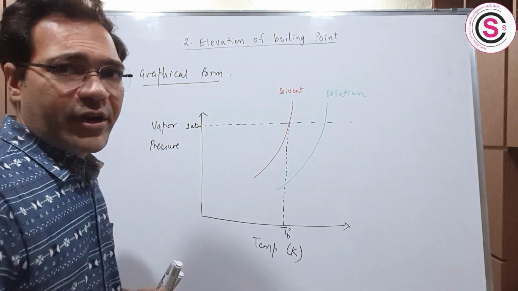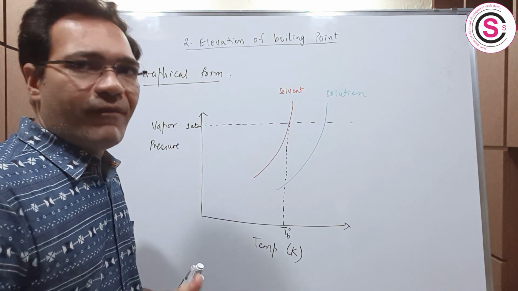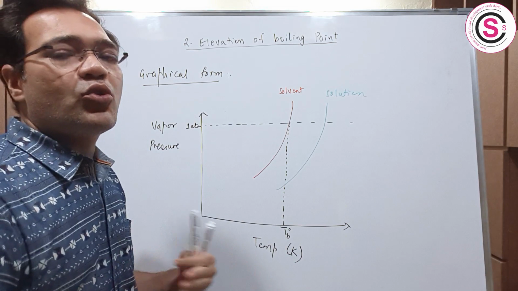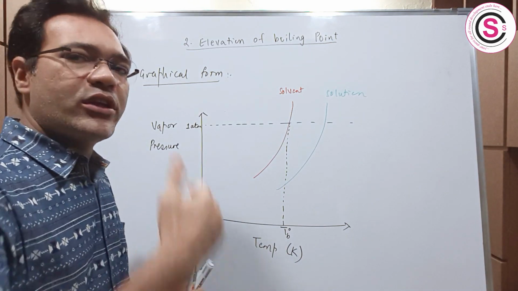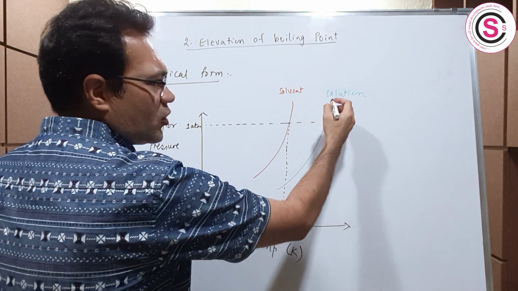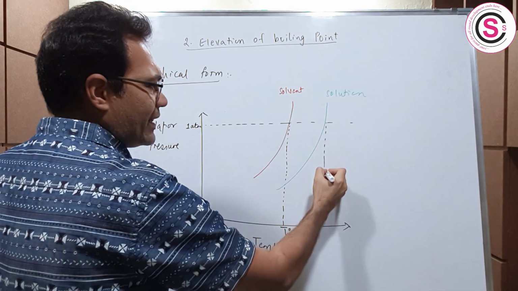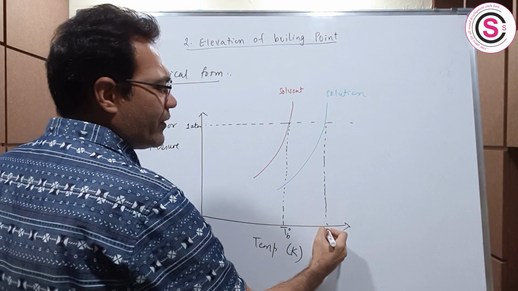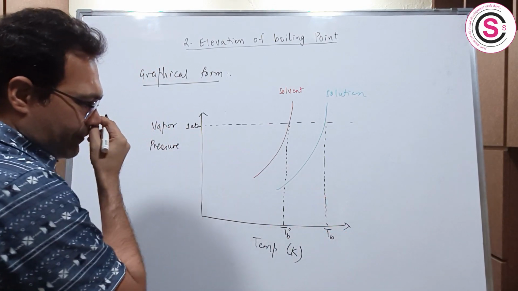But because the vapor pressure of solution will be less than that of the solvent, solution will take more heat to reach the atmospheric pressure of 1 atmosphere. So when the vapor pressure of solution reaches 1 atmosphere, of course, the boiling point will increase, and suppose that boiling point is TB, right?